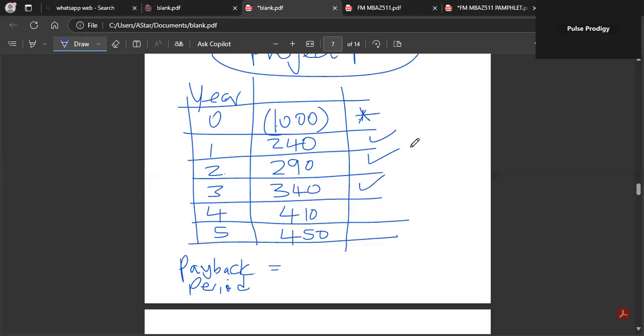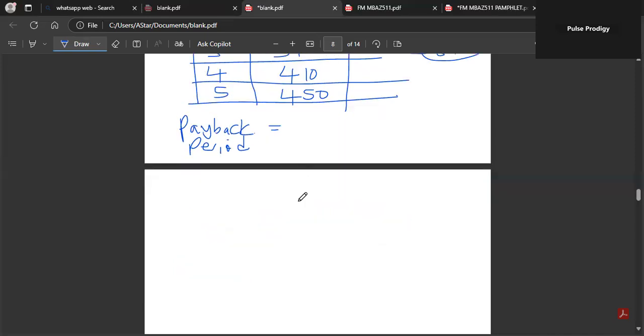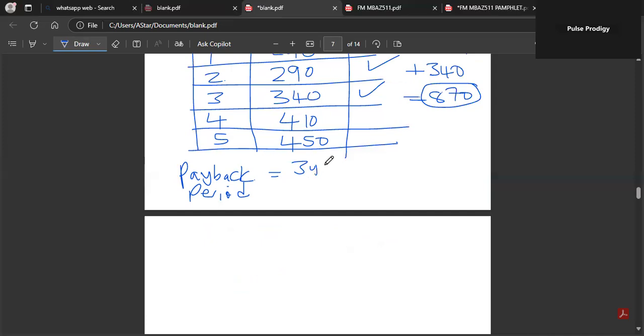Now, if we add the 410 to this 870, it will bypass the 1,000. So our payback period will be 3 years for now, plus the 1,000 minus 870, which we will recover from year 4, the 410.